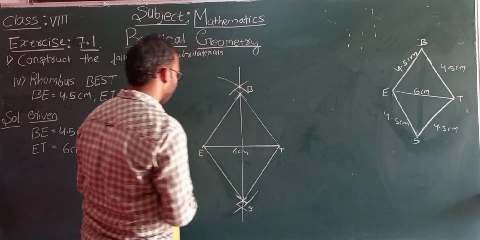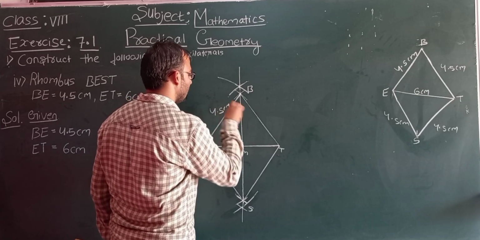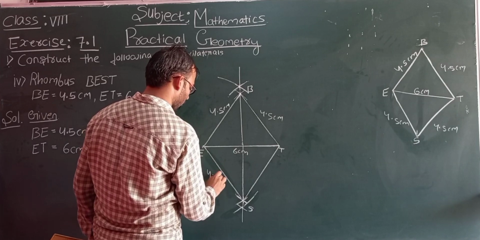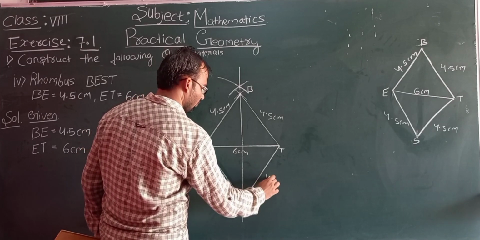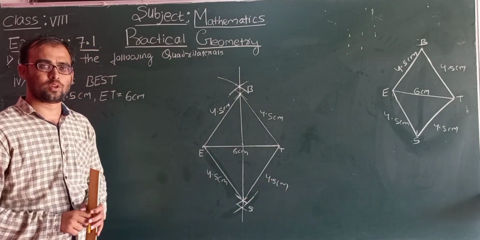Okay, so here this is what? Rhombus. Each side is how much? 4.5 centimeter. Okay, so this is about the fourth problem.